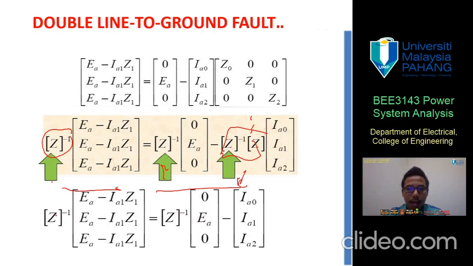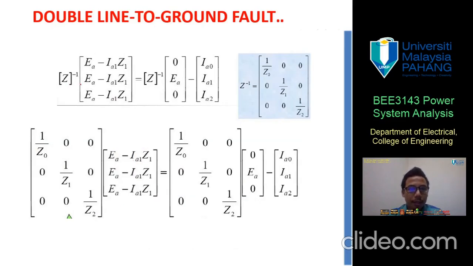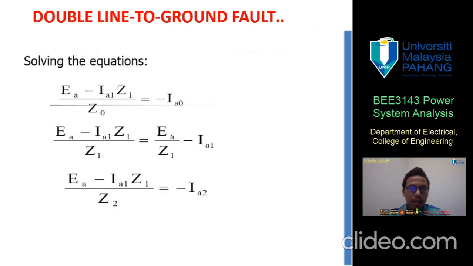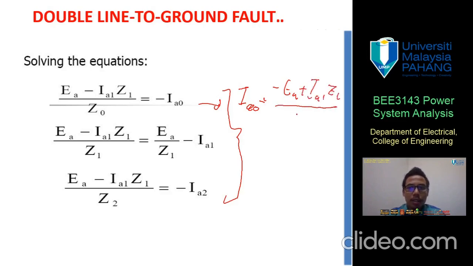Then after that, we again replace the values for VA0, VA1 and VA2, so we get this. Then we replace the value for the inverse matrix of the impedance. So basically this is the thing we are going to solve. Once we solve this, we get this kind of output, where IA0 equal to minus EA minus IA1 Z1 over Z0.